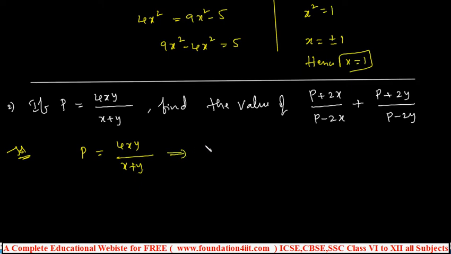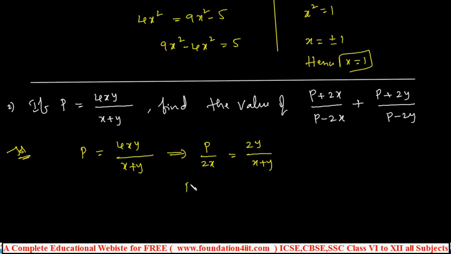So from this, p by 2x, this is 4xy, right? So 2x into 2y, actually 4xy is. So 2x I took as denominator, then remaining is 2y by x plus y. Because if I apply the componendo and dividendo rule, it will become like this.